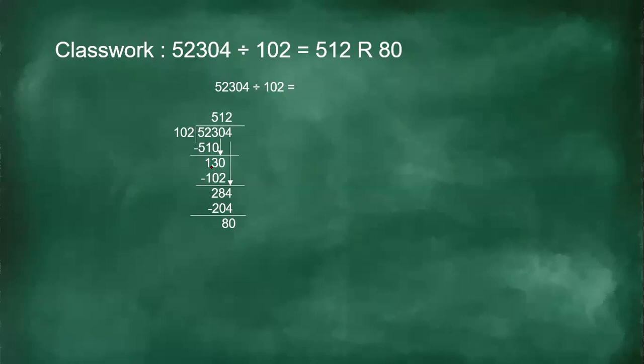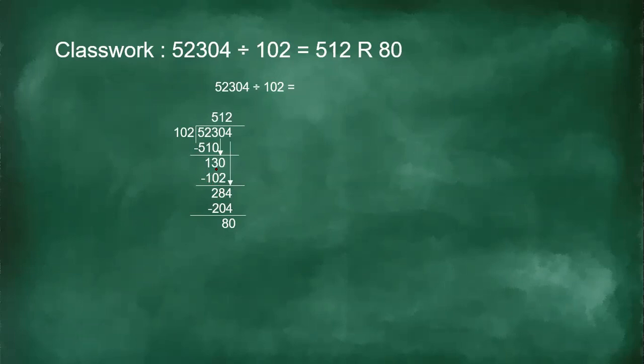After we say, 130 goes how many times into 102? It goes 1 because it goes once. And then 130 minus 102 gives you 28.